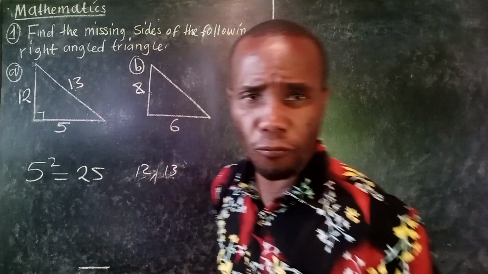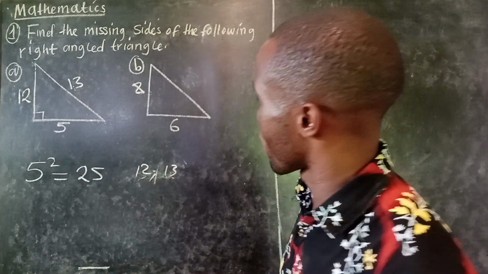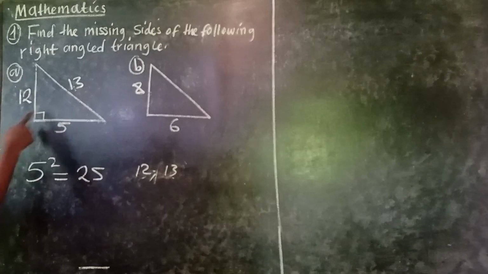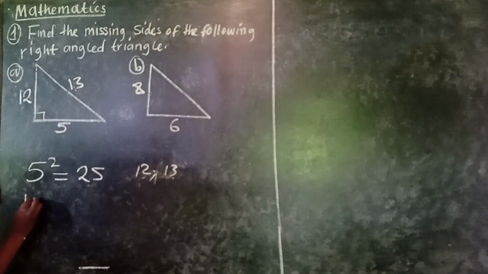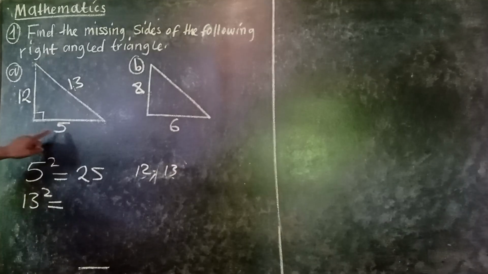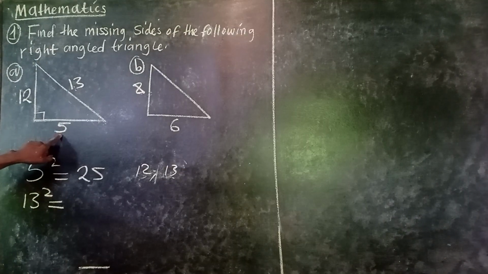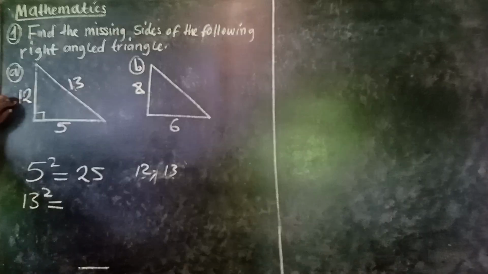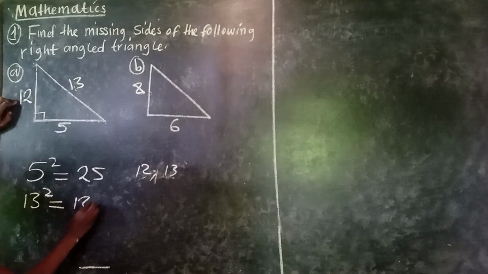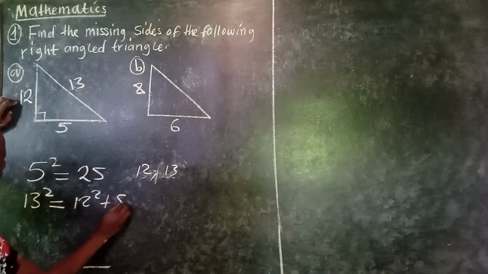So if you want to prove using the Pythagoras theorem, you can now say, since this is the hypotenuse, 13 squared is equal to the square of 5 plus the square of 12. So you say 12 squared plus 5 squared.